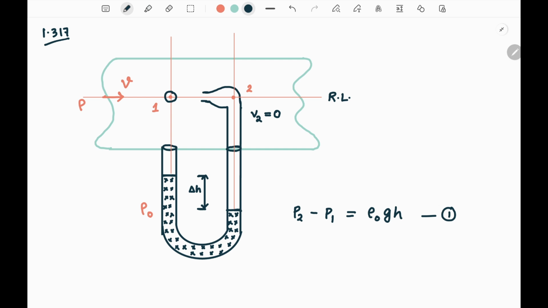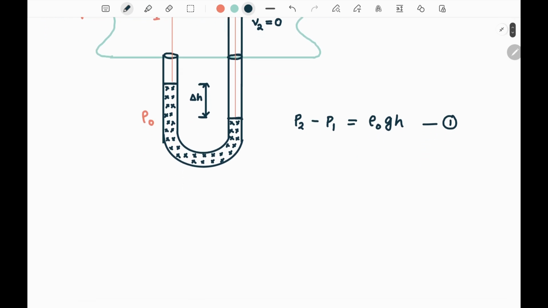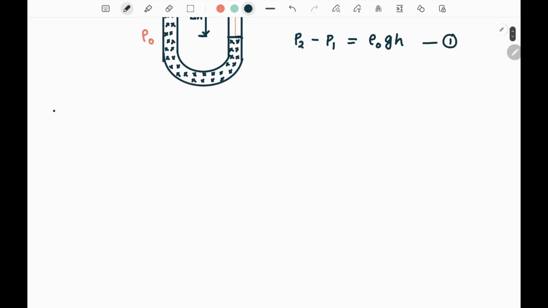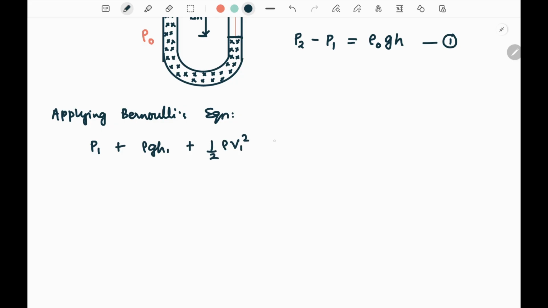Now if we apply Bernoulli's equation between the points 1 and 2, we can say P1 plus rho g H1 plus half rho V1 square equals P2 plus rho g H2 plus half rho V2 square. The next line that we write is P1 being P1.